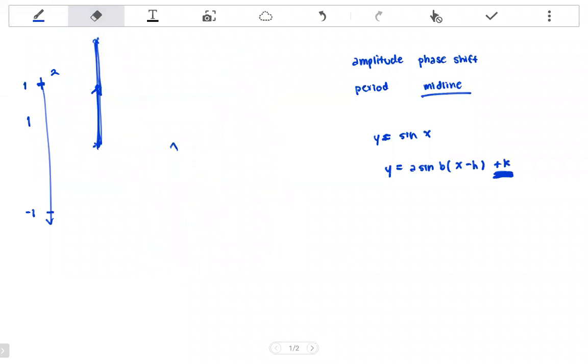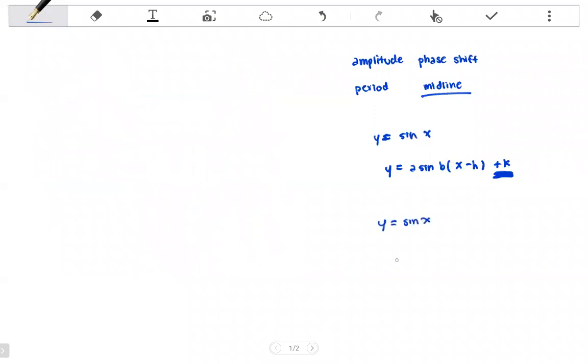So what does the amplitude look like in an equation then? Let's take a simple equation, y equals sine x. It's our vertical shrink or stretch. So it's y equals a times sine of x, the thing that we multiply to everything. In this case, it's 1 times sine of x, right? Just normally sine of x, it's 1 times sine of x.